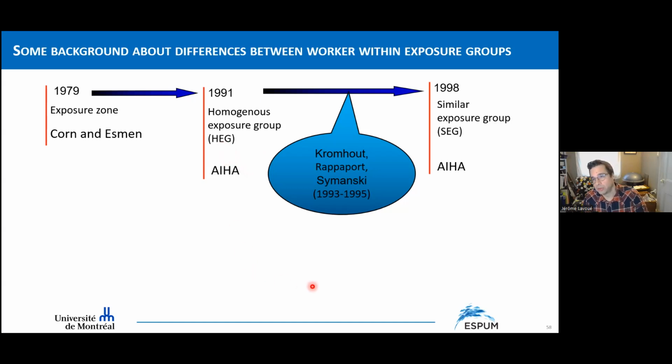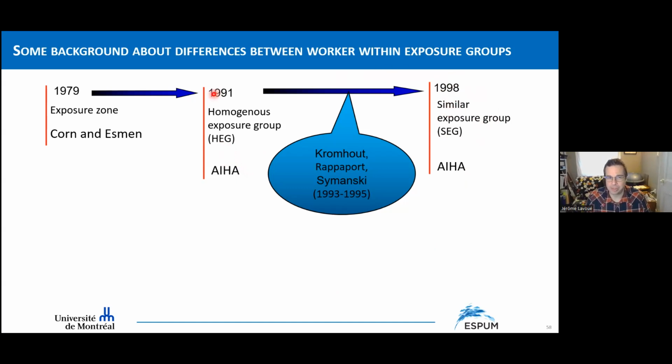And now you probably know that in current monographs we talk about similar exposure groups. This name has been there since the 1998 version of the AIHA monograph, which is the version that I first met when I started in this field.